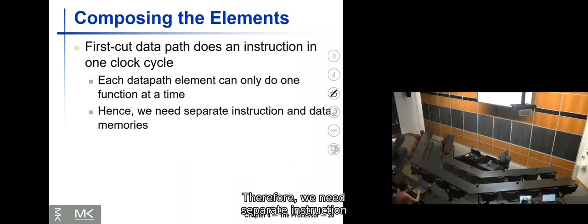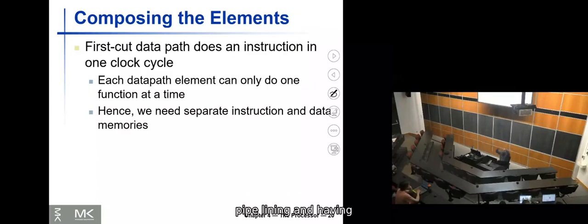we need separate instruction and data memory, because you will see later that processors have one memory for both instruction and data. But here we are saying that it's not possible, because we would like them all to be done in one clock cycle. If you want to have a single cycle processor, you need to separate instruction memory from data memory.